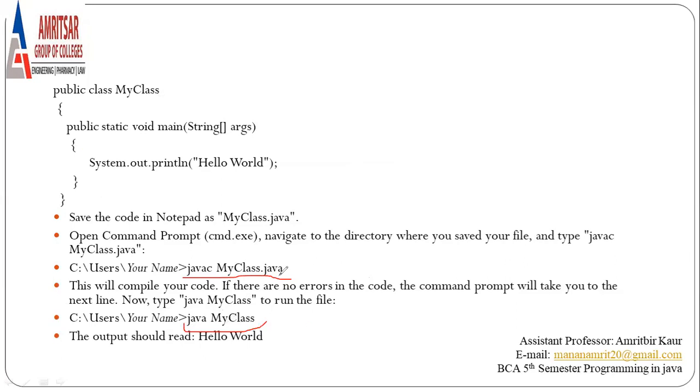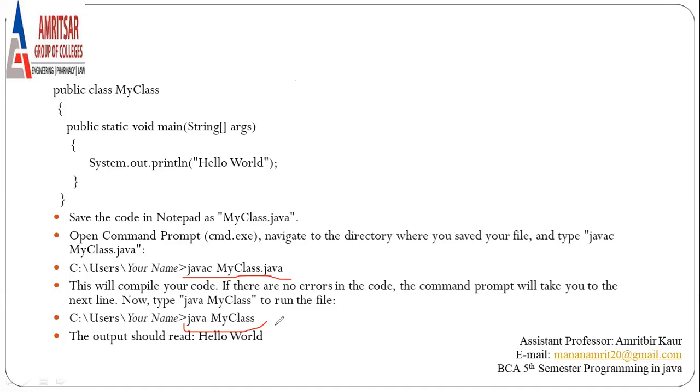So without compilation, we cannot execute our program. If we try, then it will generate an error. So firstly, we have to compile and then we have to execute. If after compilation and execution you get output, but after that you modify your program because you want some change in your code, then after modification you have to compile your program again.